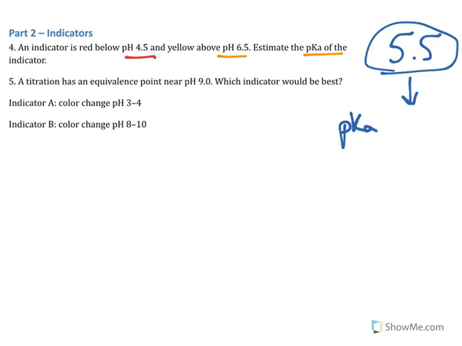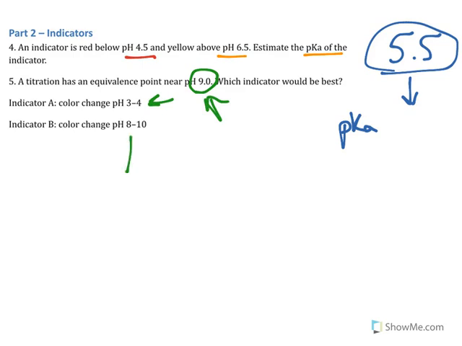If we're doing a titration that has an equivalence point at 9, which indicator is going to be best? Well, we need our indicator to change colors near the equivalence point. Indicator A changes colors between a pH of 3 and 4. That's nowhere near 9, so that's not a useful indicator for this equivalence point.